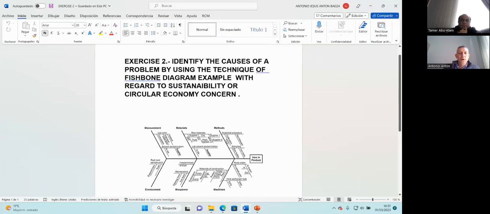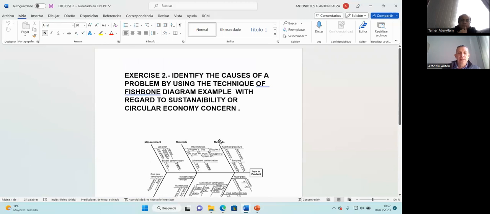But some students say, well, Antonio, could you explain the fishbone diagram better? Because I wanted to do that, and I have some ideas, but I don't want to implement them in the fishbone. But you can use the problem in terms of sustainability or circular economic concerns.